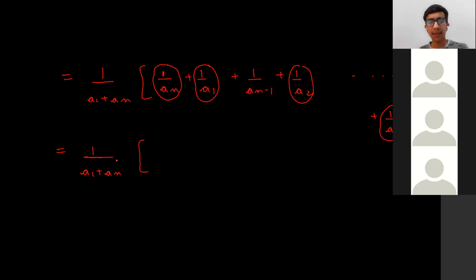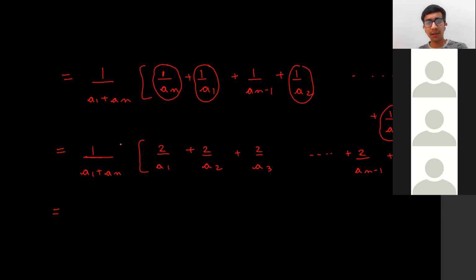So inside the bracket, the sequence will be 2 over a1 plus 2 over a2 plus 2 over a3, and so on till 2 over an minus 1 plus 2 over an. Since every term is coming 2 times, I've added both of those terms and I get 2 in the numerator, with denominators a1, a2, a3 till an.